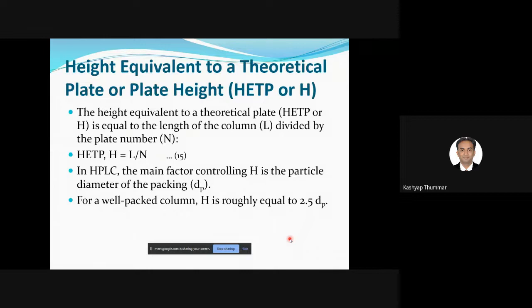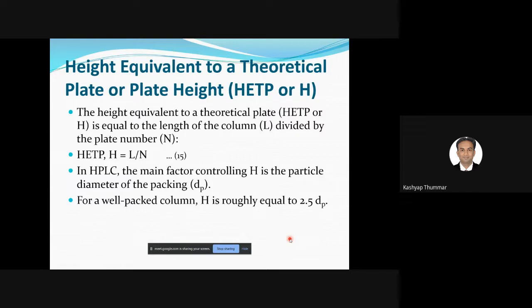Okay, then peak height equivalent to theoretical plates, or plate height. It is again a viva question or a good term in terms of software also, HETP or H. So plate number we have defined as N, but plate height is also there, denoted as H or height equivalent to theoretical plate, so it is called HETP.